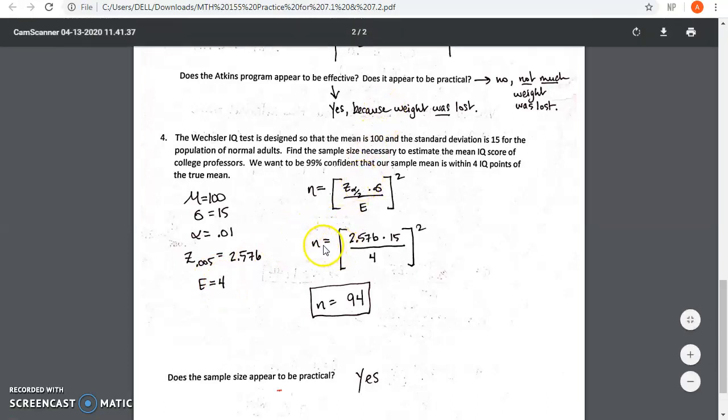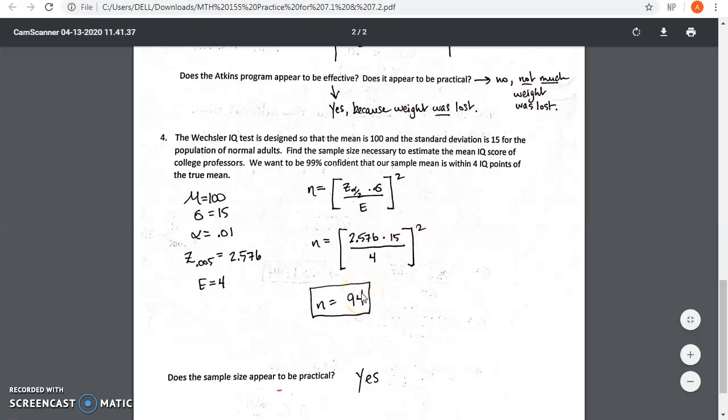The sample size would equal the quantity 2.576, that's your z sub alpha over 2, your critical value, times your population standard deviation, which is 15, divided by my margin of error, which is 4. We take that whole thing and square it.